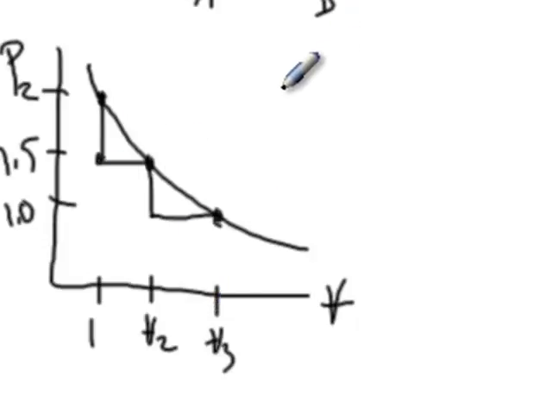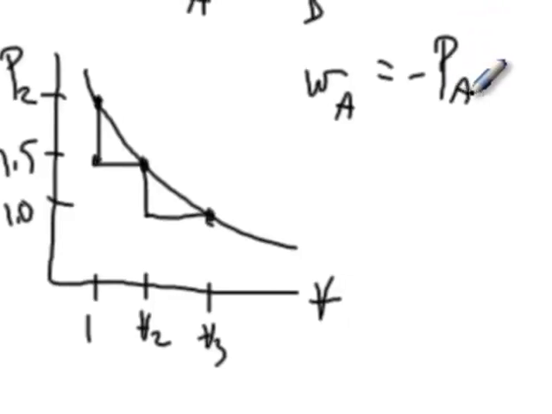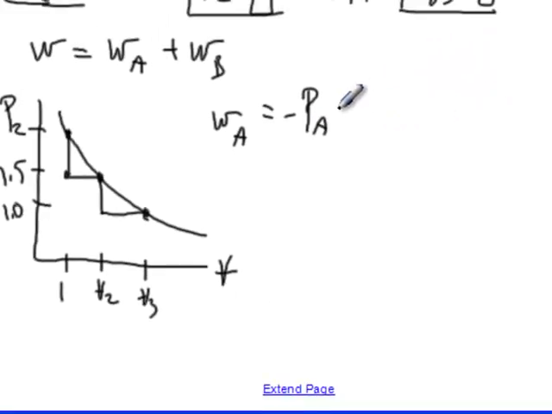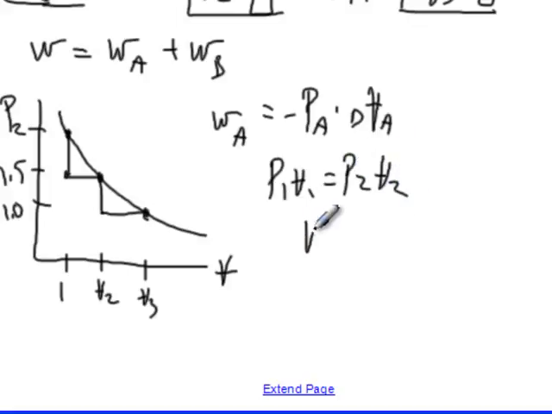Well, let's figure out the work for the first step. Work for step A is going to be equal to minus the pressure during step A times the change in volume that happens during part A. Let's find out what V2 is. That'll be a good first step, and that way we can get delta V for step A. So using Boyle's law again, P1 V1 is P2 V2. V2 is going to be, like it was before, P1 V1 divided by P2.